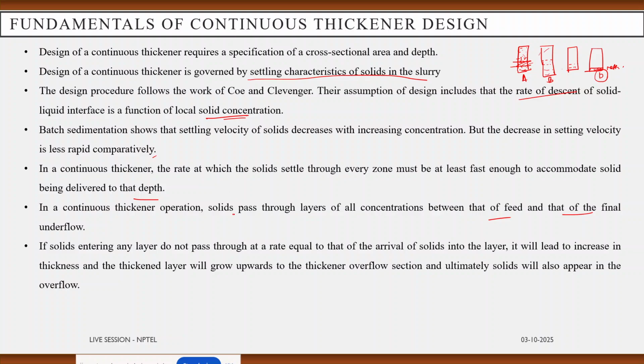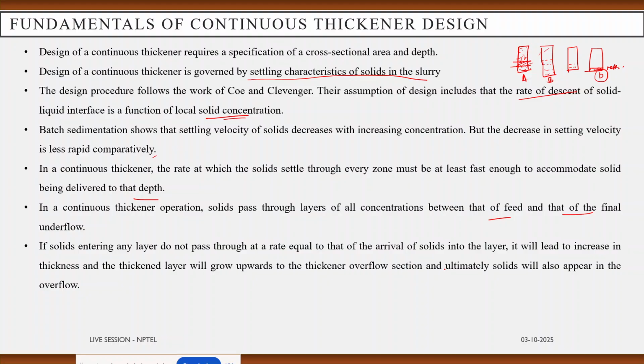If solids entering any layer do not pass through at a rate equal to the rate at which the solids are arriving at that layer, it will lead to an increase in thickness, and the layer will grow upward towards the thickener overflow, and ultimately the solids will contaminate the overflow clarified liquid, mostly water.